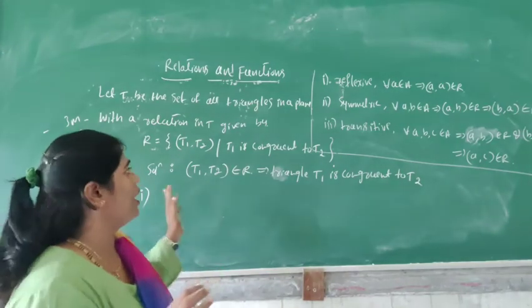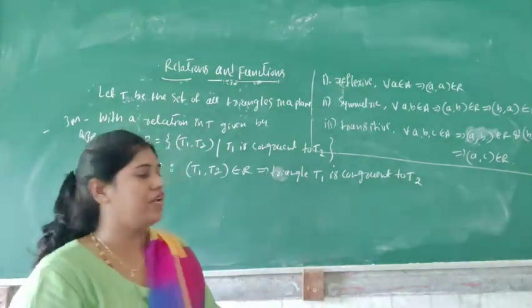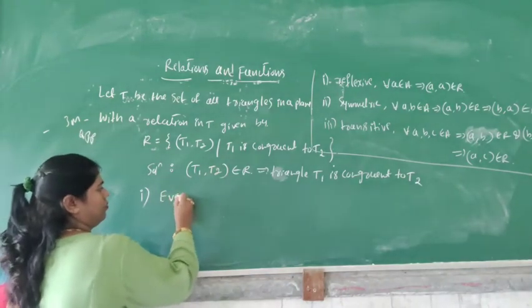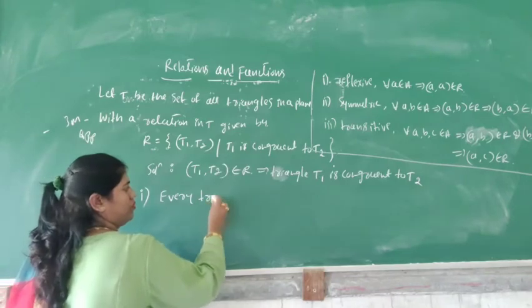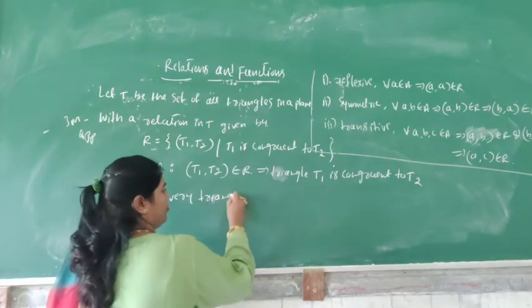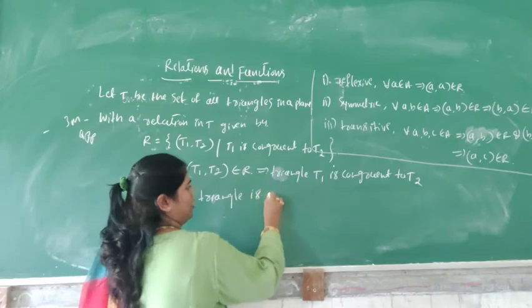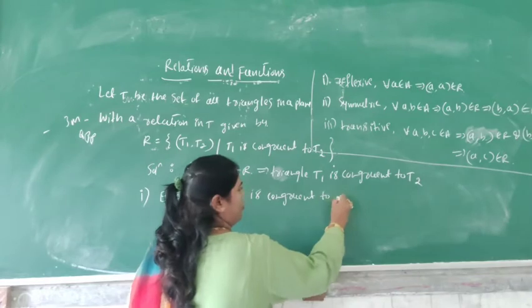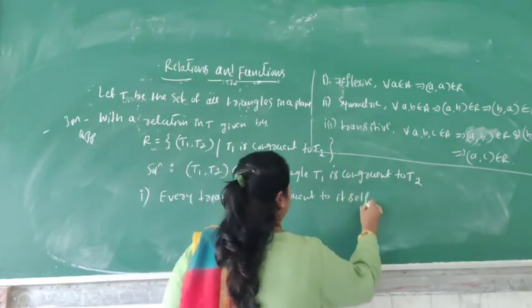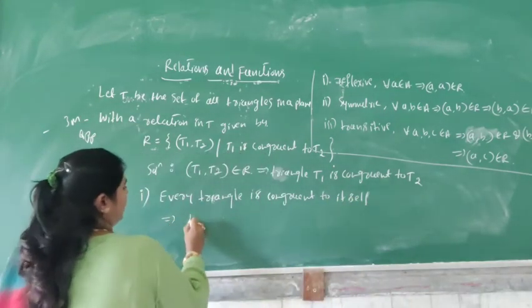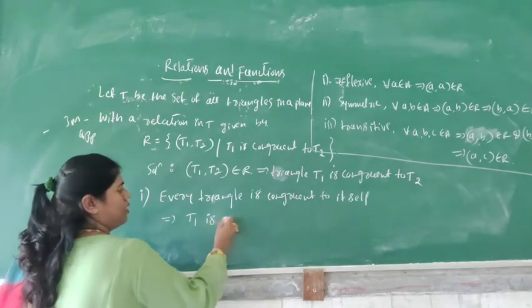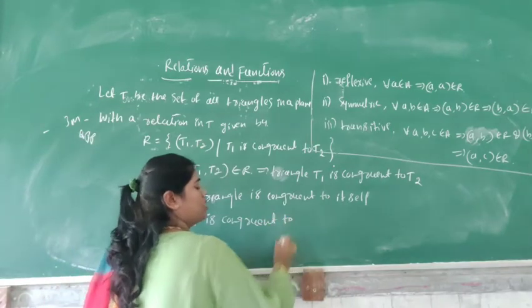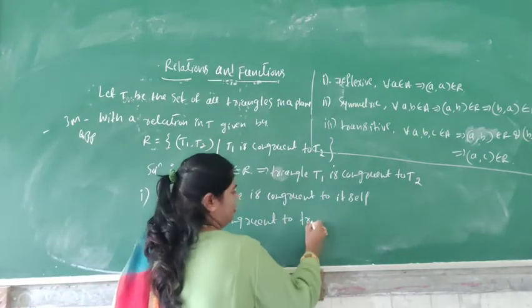We know that every triangle is congruent to itself, implies T1 is congruent to triangle T1.